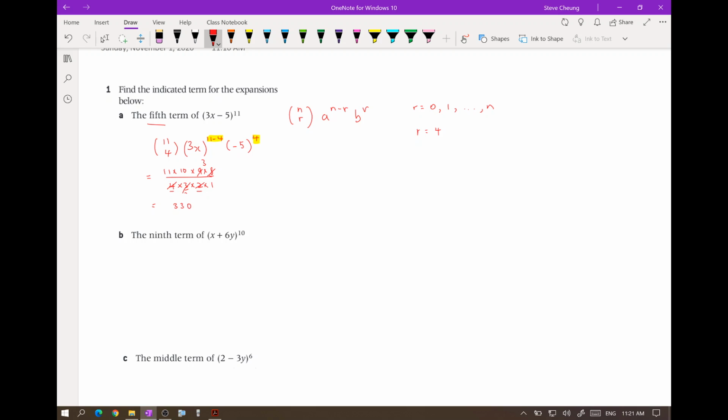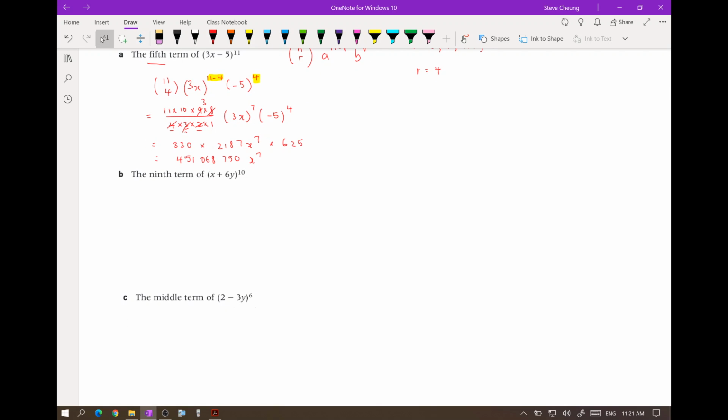But we still have our 3x to the power of 7 times negative 5 to the power of 4. So by putting those through the calculator, we have these respective numbers. And then multiply all the coefficients, you should have, let me write this a bit nicely.